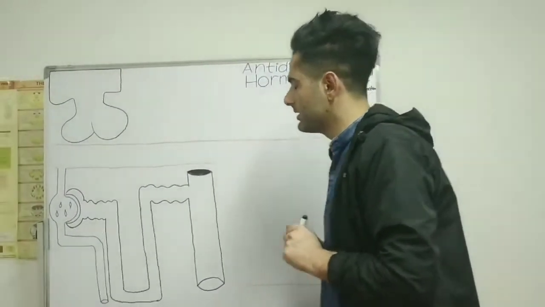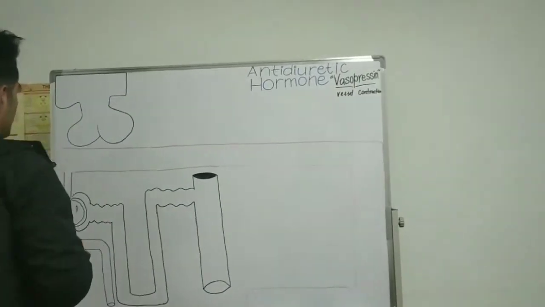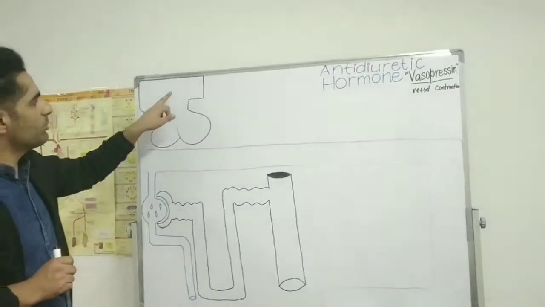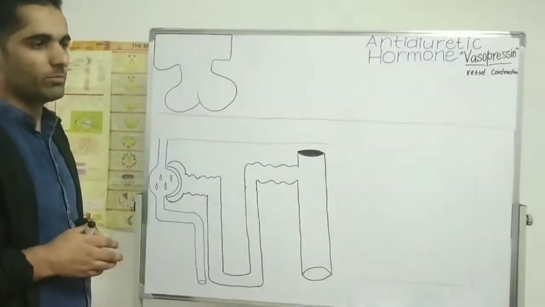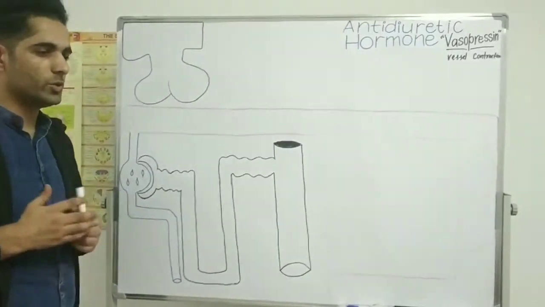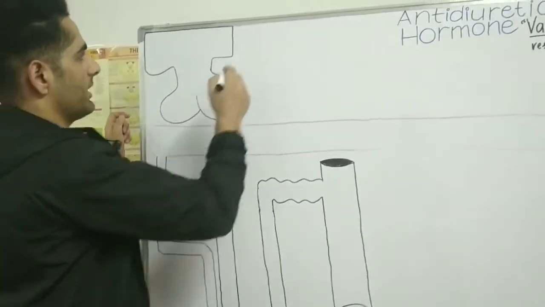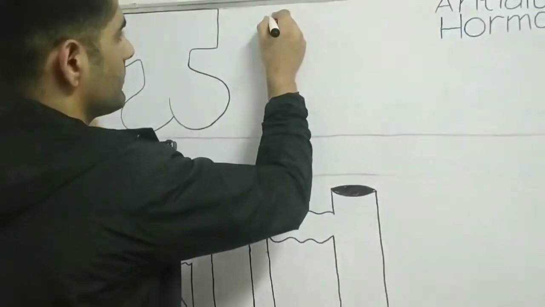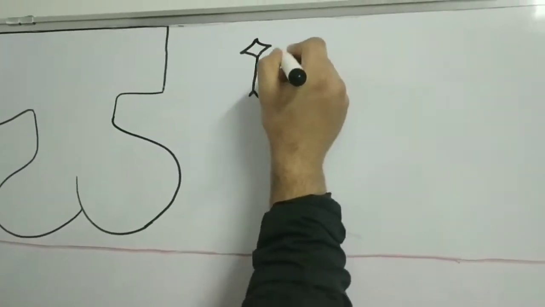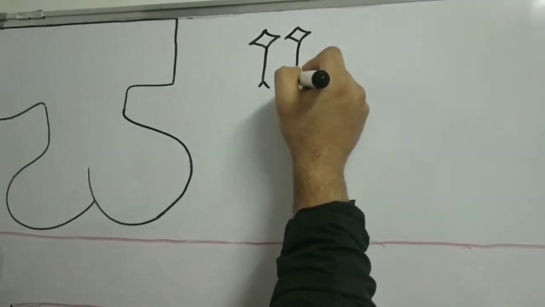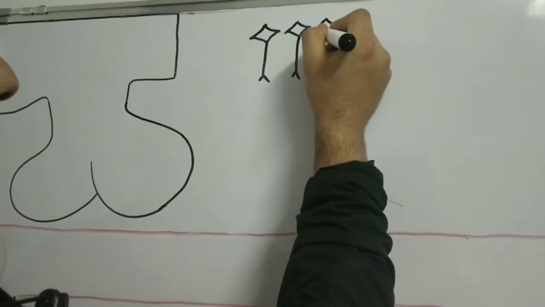Now let's see here. In the hypothalamus, there are some nuclei. As we know, a nucleus in the central nervous system is a group of cell bodies. As I can show you here, suppose I have drawn some neurons.